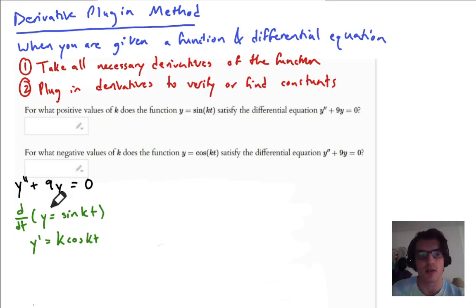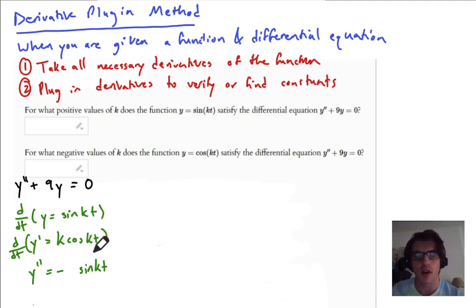We might at some point, but right here we have y double prime. So we need to take this derivative again. y double prime, the derivative of cosine is negative sine kt, and then once again we take the derivative of kt, that's k times the k that's already there, so k squared.